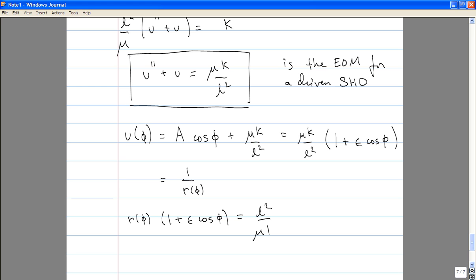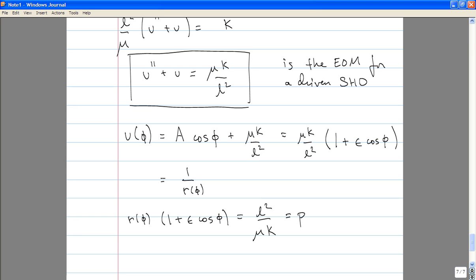And this L squared over mu times k is the only combination of L, mu, and k that is left in this problem. So let me give it a name. I'll call it p. So the two parameters that appear in my solution are epsilon and p.